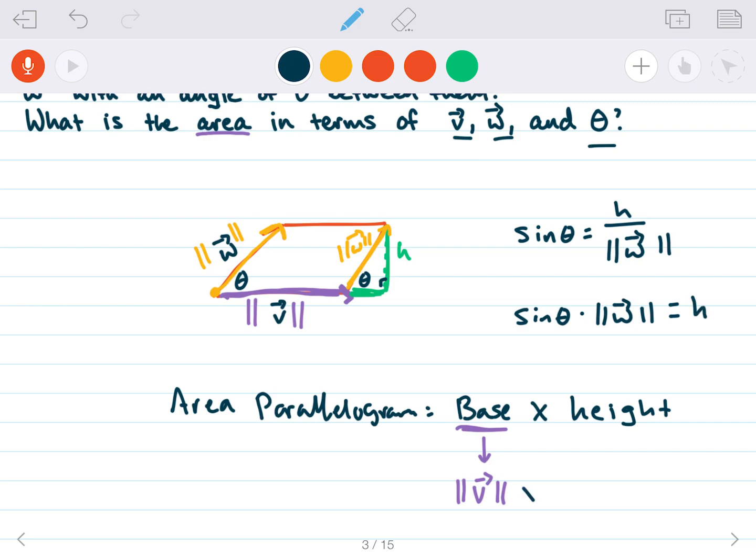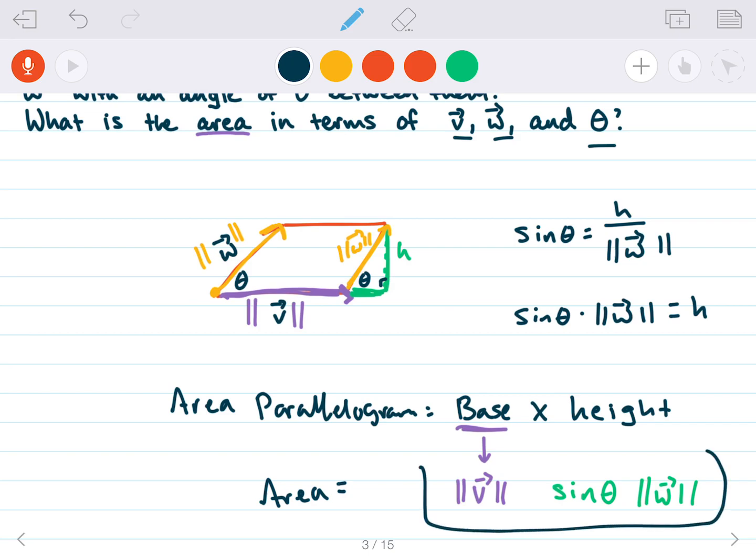So instead of the height, we can put sine of theta times the magnitude of w, and maybe I'll leave the times symbol out of here just so we don't get confused with the dot product. Alright, so the area formula becomes this right here.